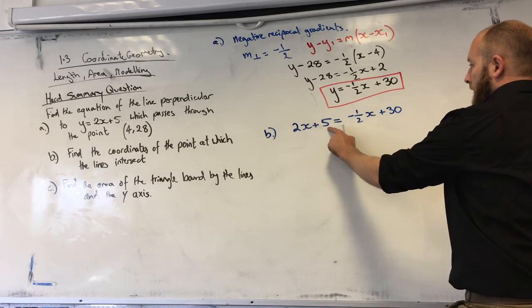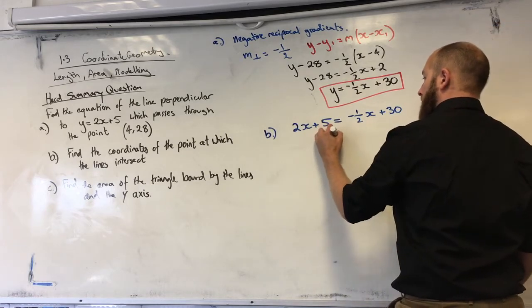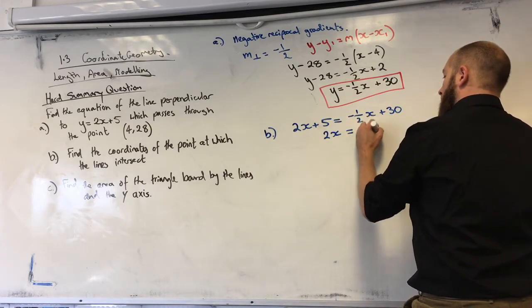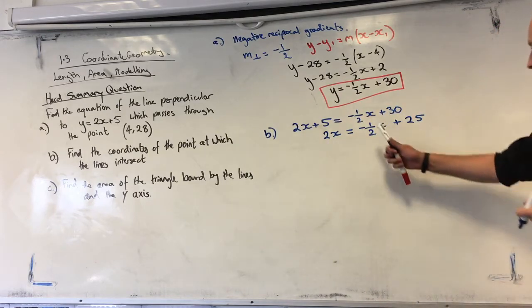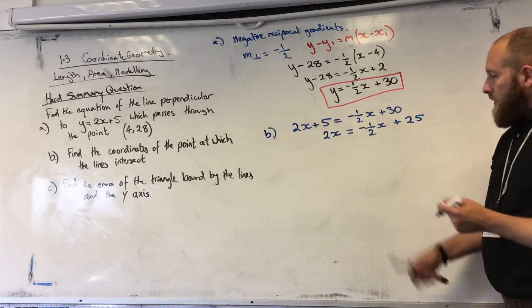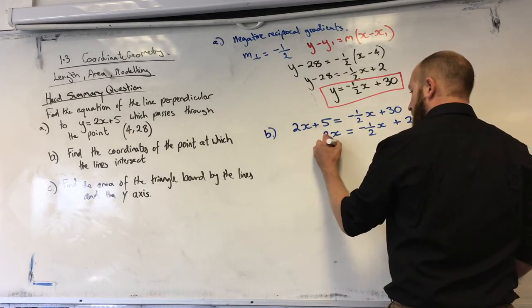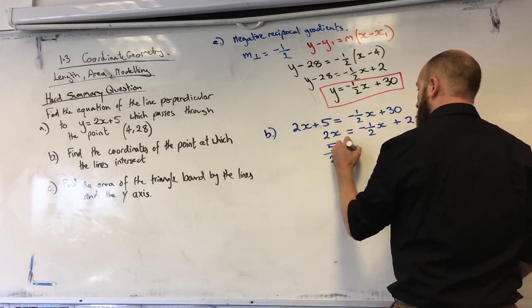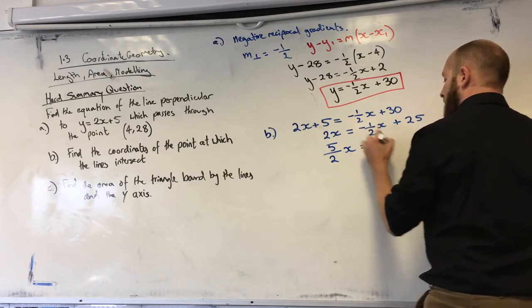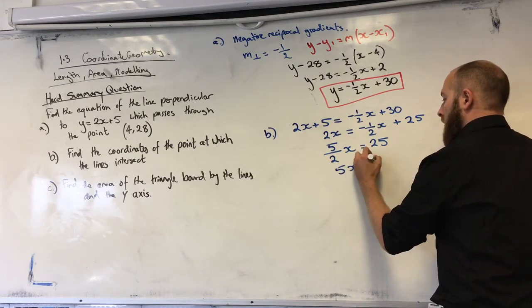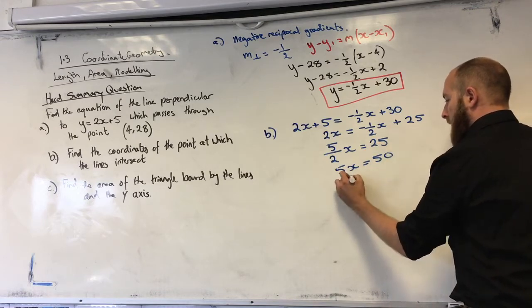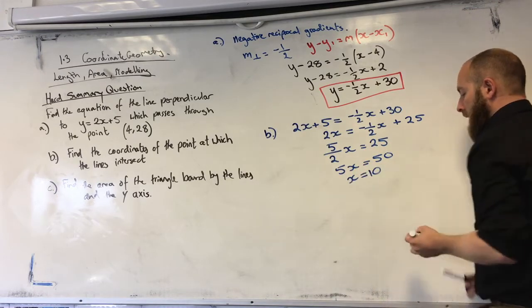If I take 5 from each side, 2x equals minus a half x plus 25. I could then add half an x to this side, so we get 5 over 2 x equals 25, times by 2, and divide by 5.